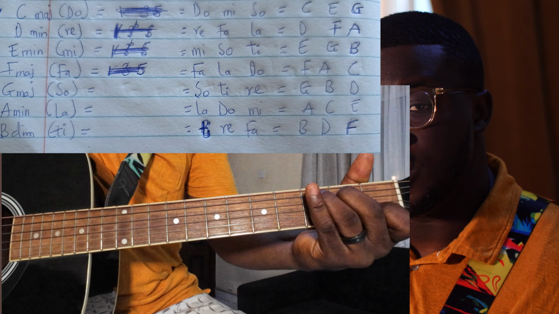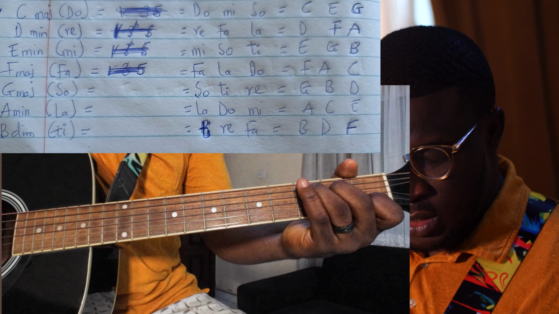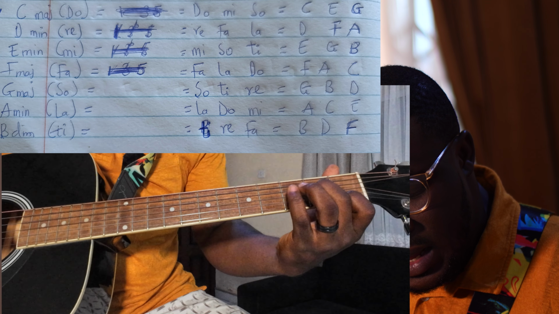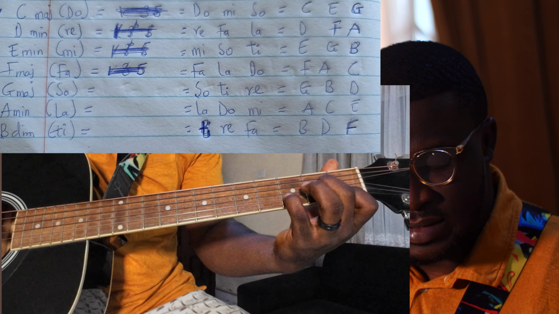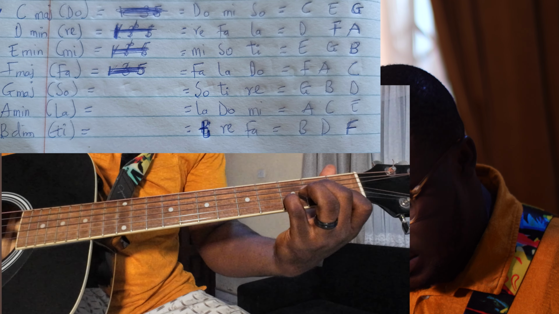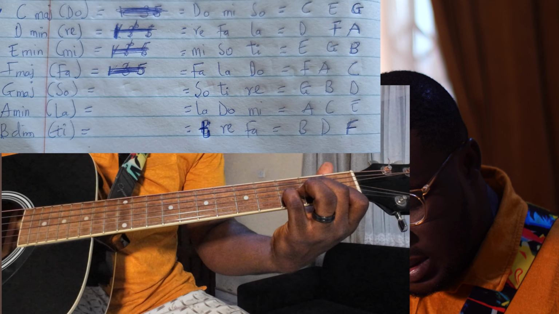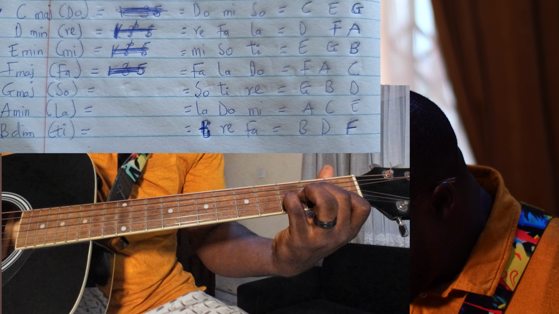Then you see the first one, which is do mi so. Then you call re, fa, la: re, fa, la, and also repeat re.